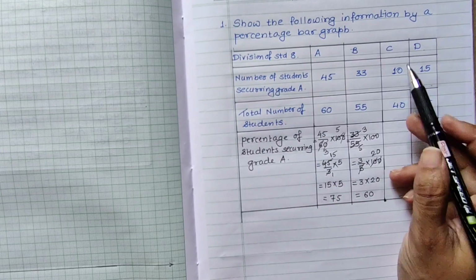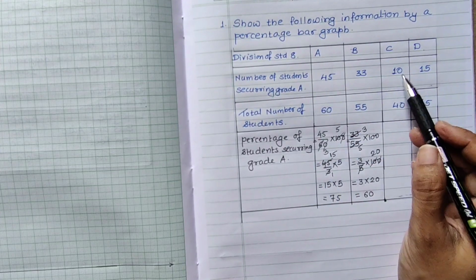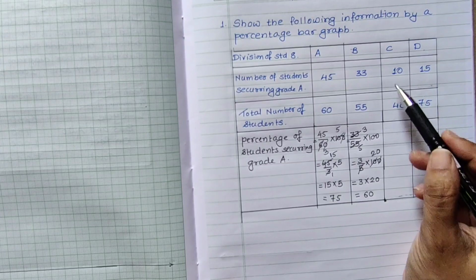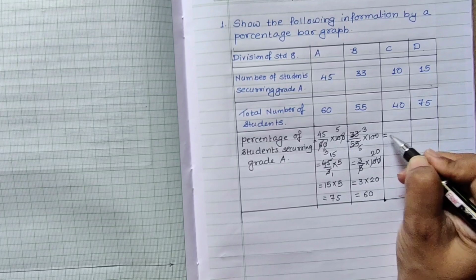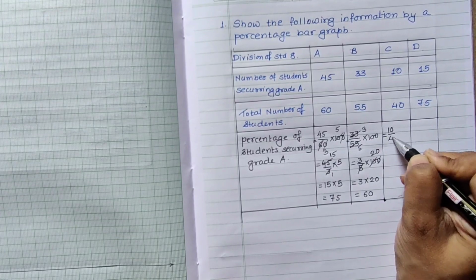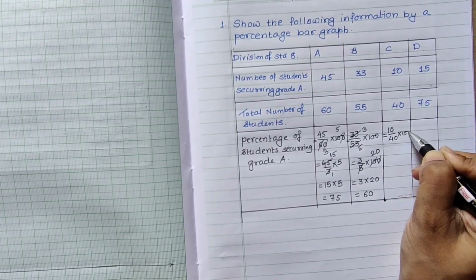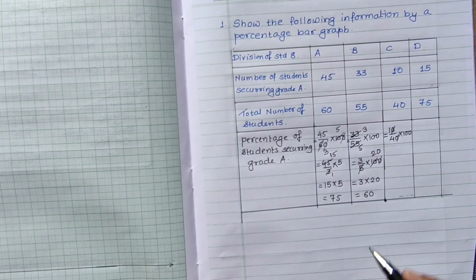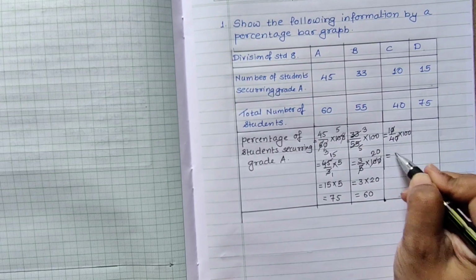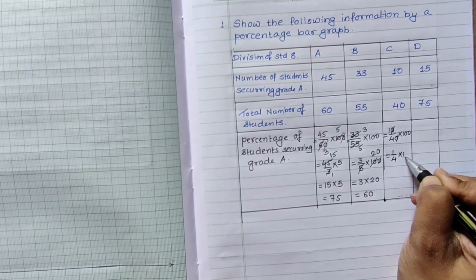Now next 8C is there, 10 and 40. Out of 40, 10 students have secured. So let us find out how many percent. So it will be 10 upon 40 multiplied by 100. Cancel the 0 0. We will be getting 1 upon 4 multiplied by 100.